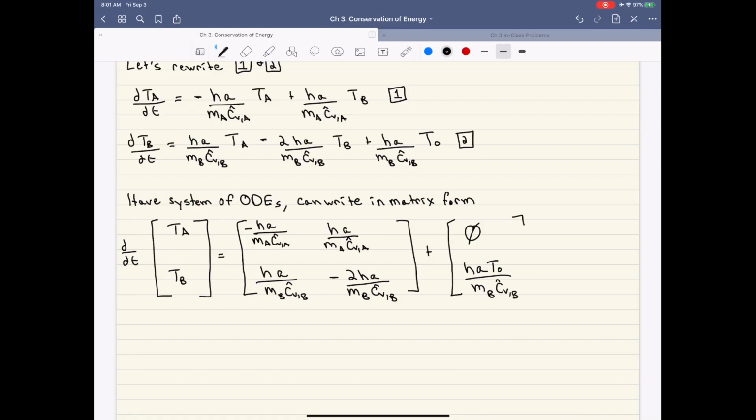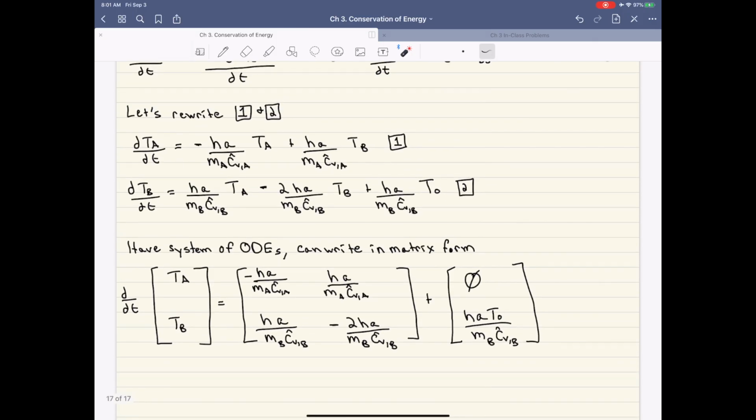And so in matrix form, all we're doing here is this first column is all the coefficients that are multiplied by TA. The second column are all the coefficients that are multiplied by TB. And this vector after the plus sign, these are all the constants that are added onto the equation.